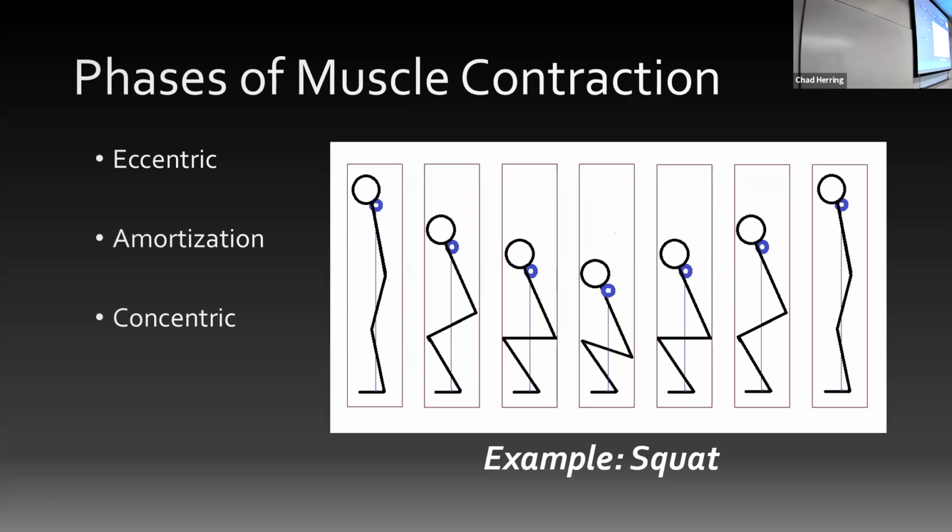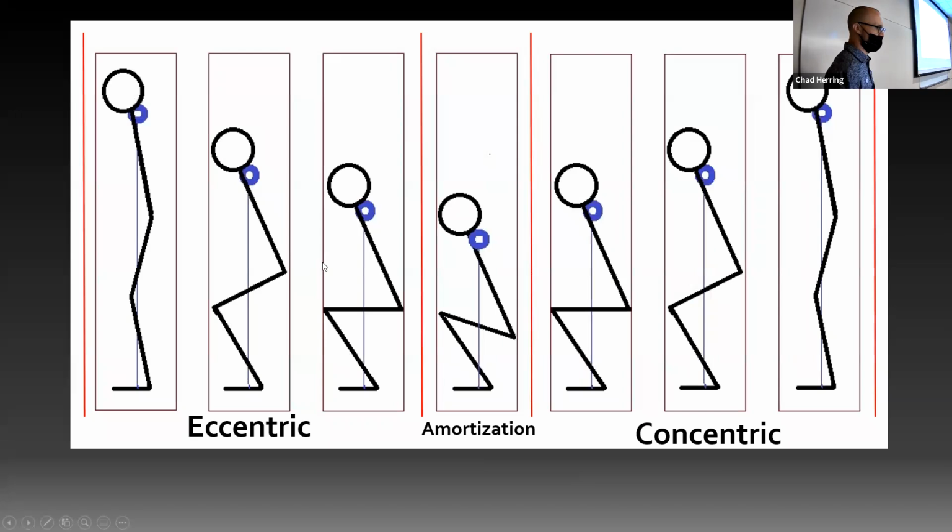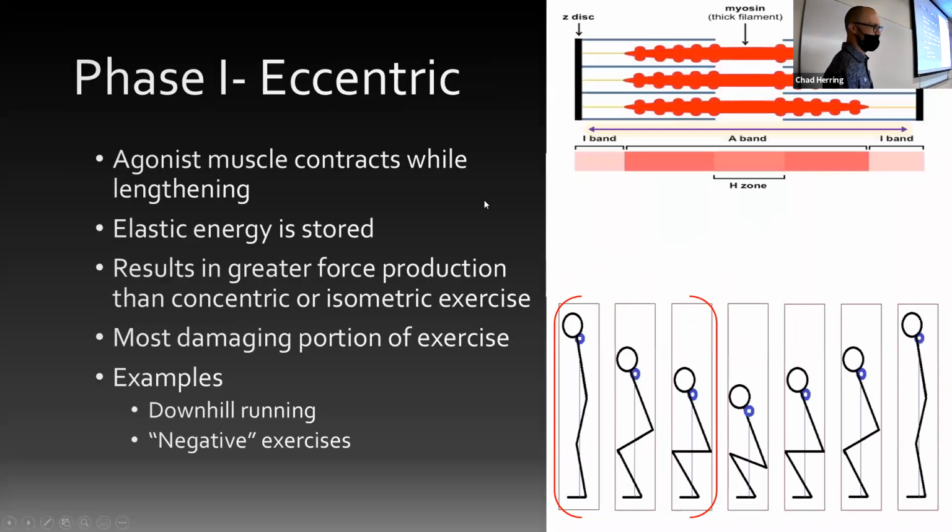It's still an easy one. What is my agonist? What's my antagonist? Yep, perfect. Tricep agonist, muscle doing the work. Bicep antagonist. Now I have 3 different phases of the muscle contraction: eccentric, amortization, and concentric. No, I'm not going to give you another quiz right now. The squat, we can come back to that.